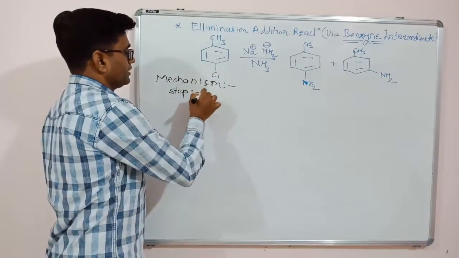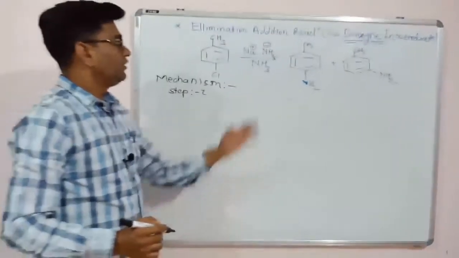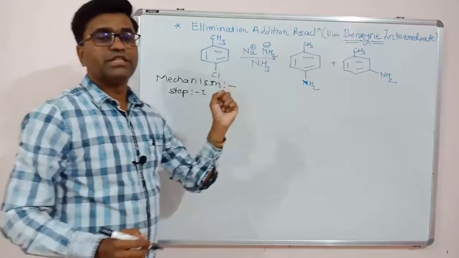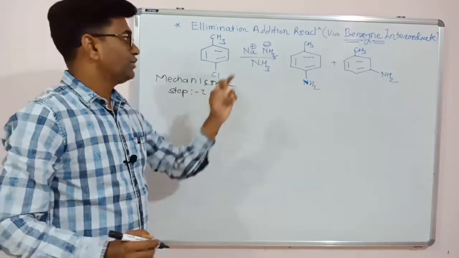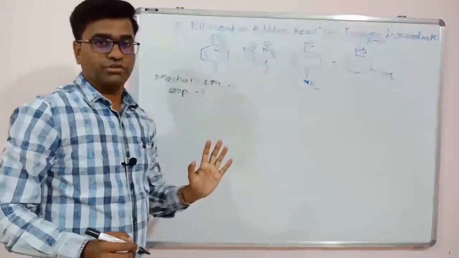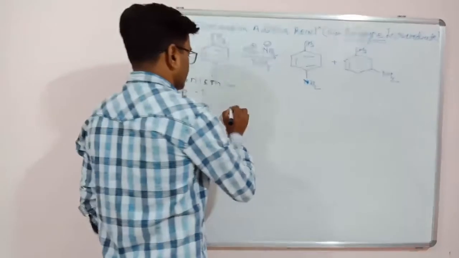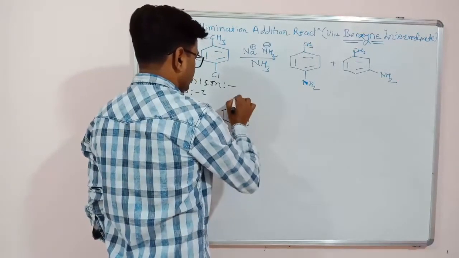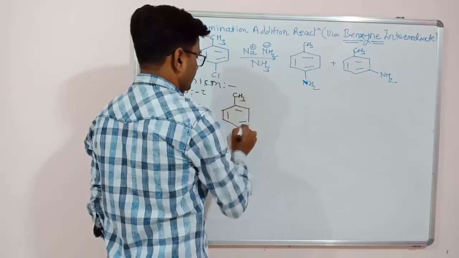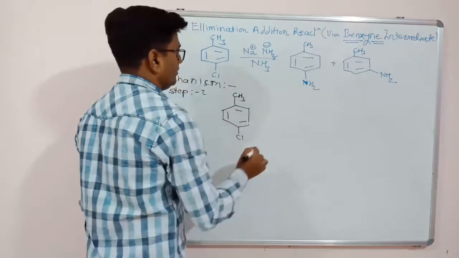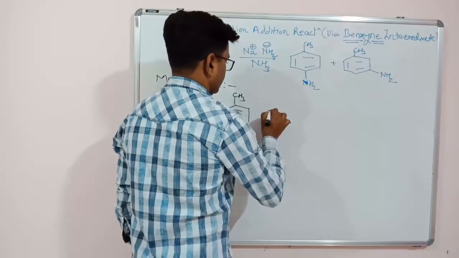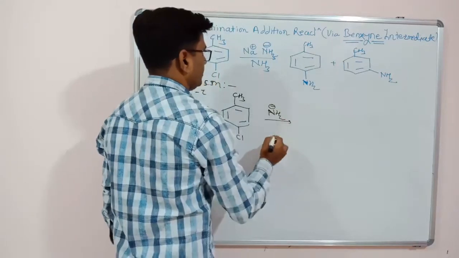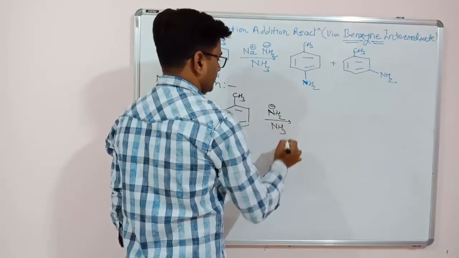NH2- acts as a base, attacking and abstracting a proton. Here is our starting material, CH3 and Cl, with NH2- Na+ and NH3.